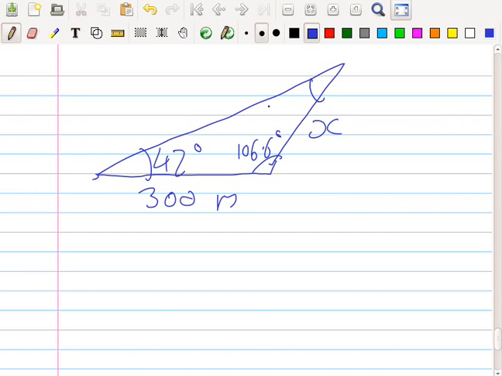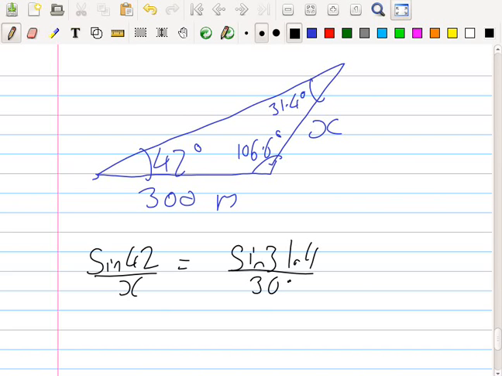So that there is 31.4. So good old sine rule again. Sine 42 over x equals sine 31.4 over 300. x equals 385 meters.